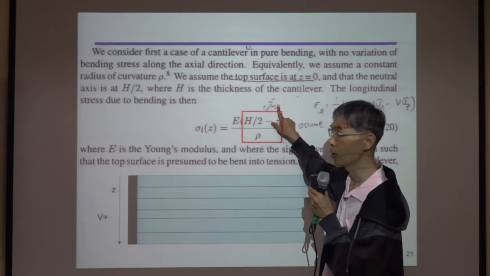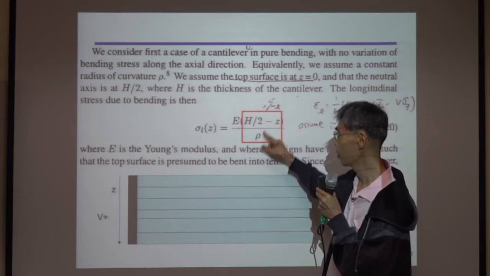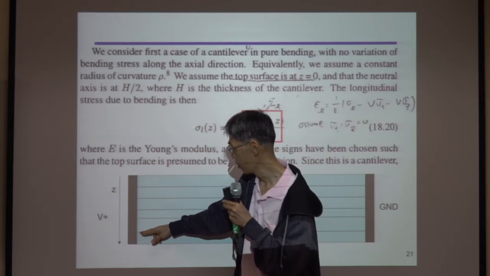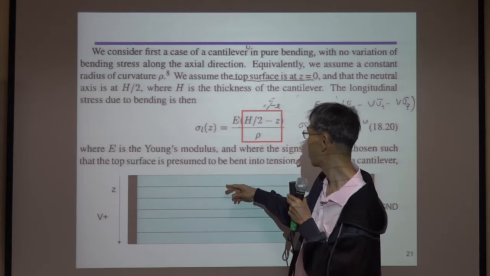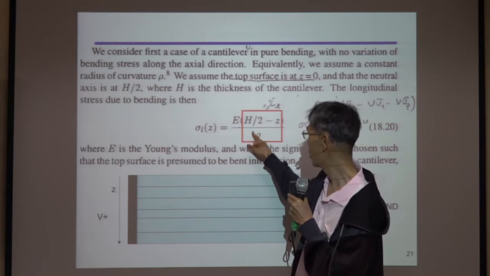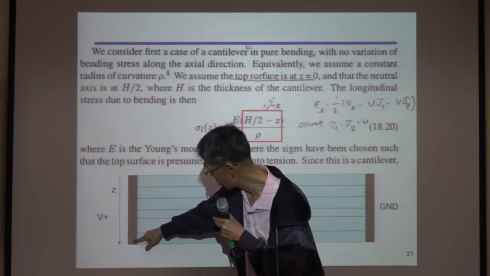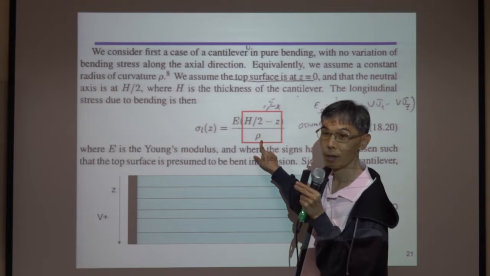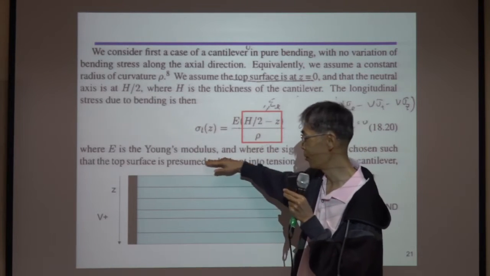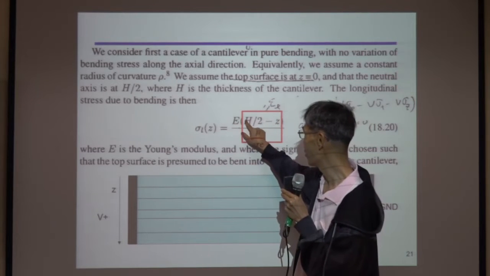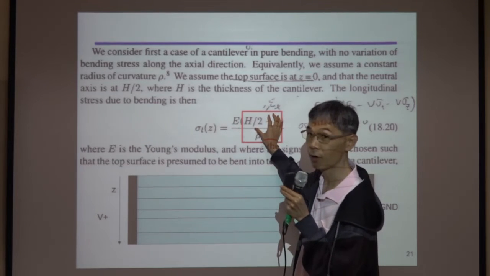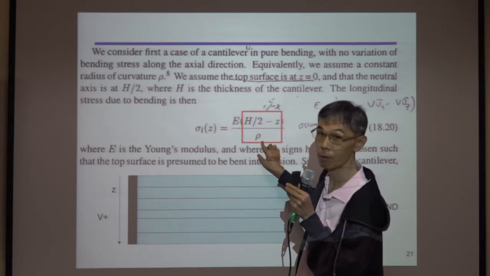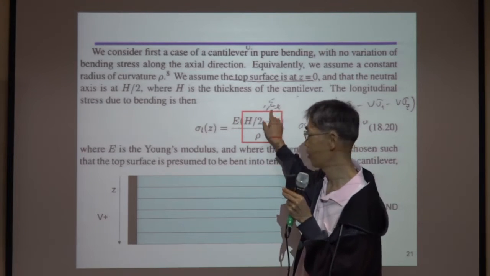So epsilon L equals the distance from the center divided by the curvature. Rho is the curvature of the beam. The distance from the center divided by curvature is strain.